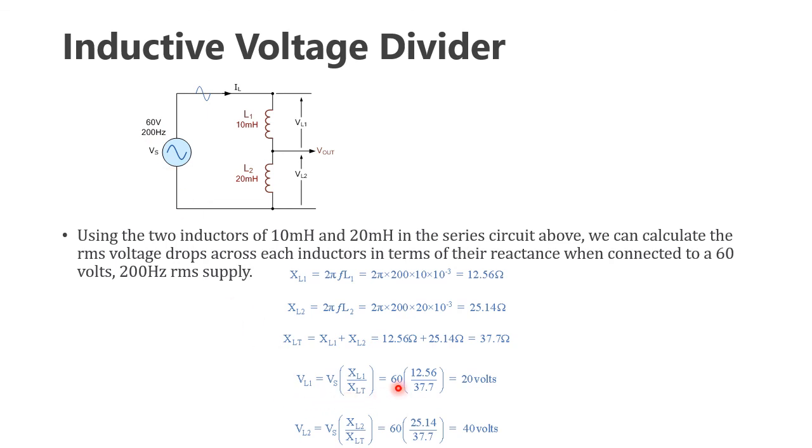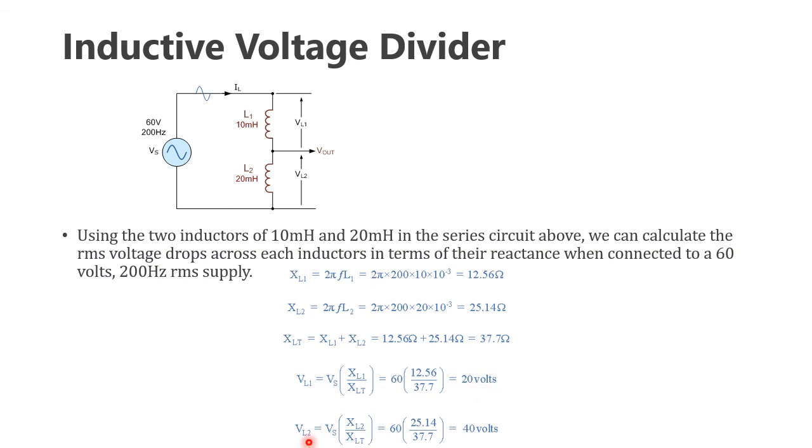So we substitute 60 into XL1, which is 12.56 ohm, over XLT, the total equivalent reactance of the inductors, that is 37.7 ohm. So altogether that will be 12 volts.